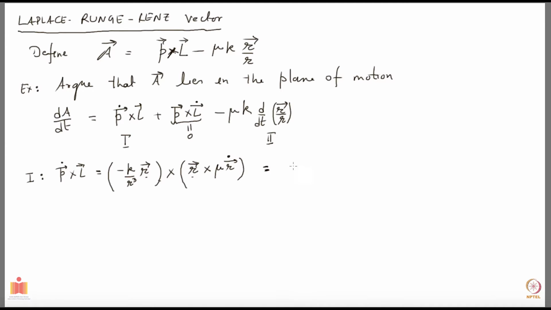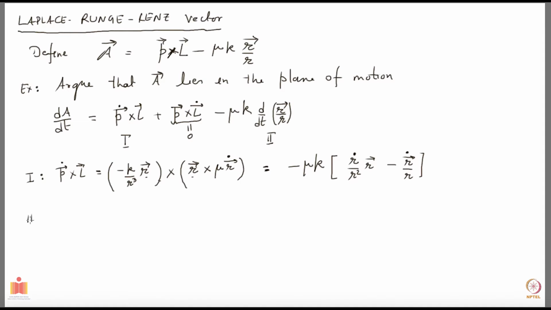The result will be minus mu k times, then you have r dot, the radial velocity, over r squared times the r vector, minus r dot over r. It should not be very difficult to obtain.